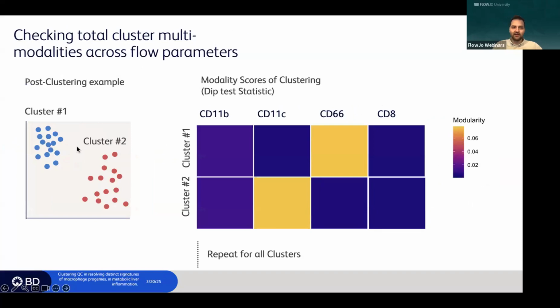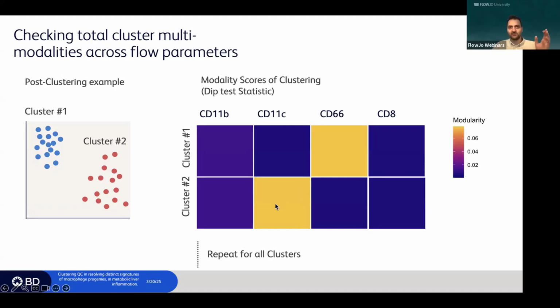The way it does that across each one of your clusters is it makes this heat map where each row is a cluster and each column is a parameter. So whenever you see, for example, cluster number 2 with a high value on my heat map of modality for CD11C, this could mean that this cluster has CD11C positive and negative within.